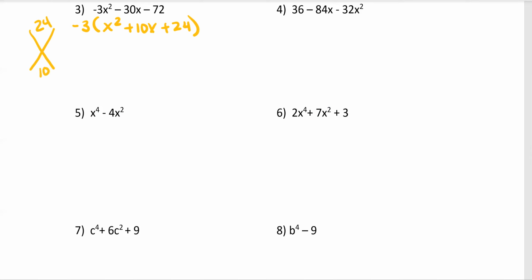This one is kind of just a review problem because it's not a higher degree, it's x squared. So our factors are negative 3, x plus 6, and x plus 4.